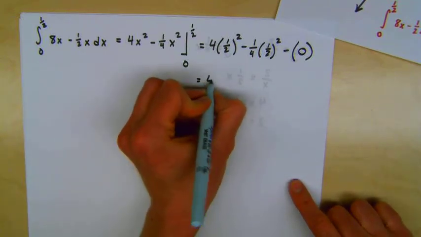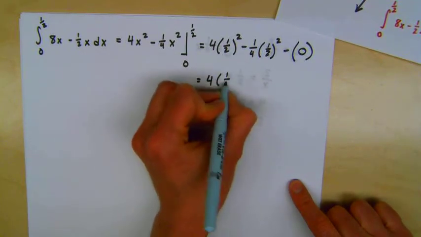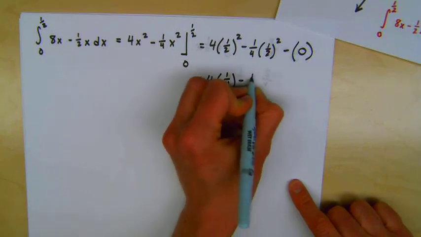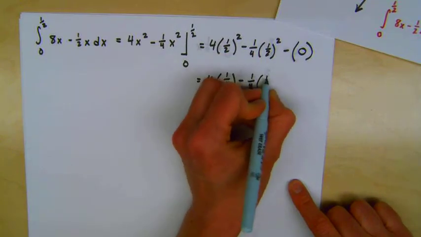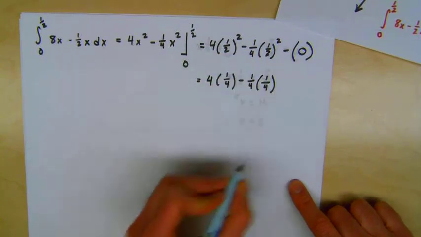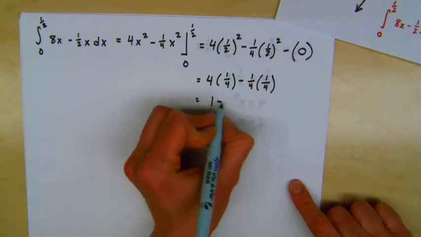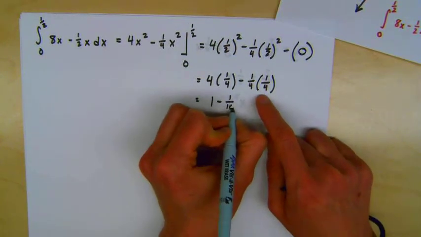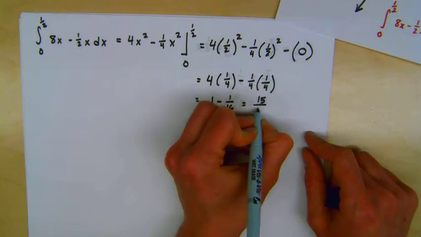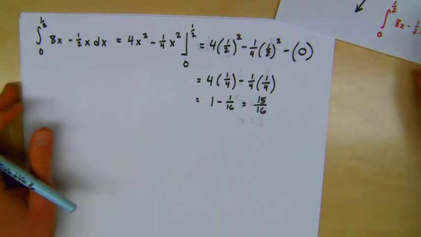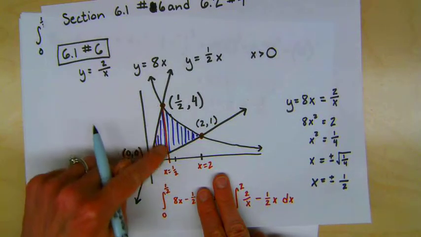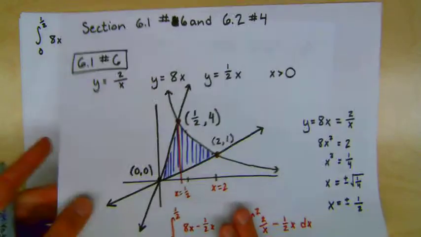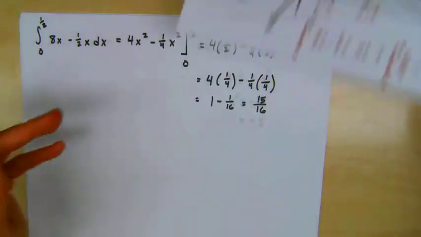And this simplifies nicely. 4 times 1/2 squared is a 4th, minus 1/4 times 1/2 squared is a 16th. So that's equal to 1 minus 1/16, which is equal to 15/16. So that's the area on this left portion. The area for the right portion is given by this second integral.